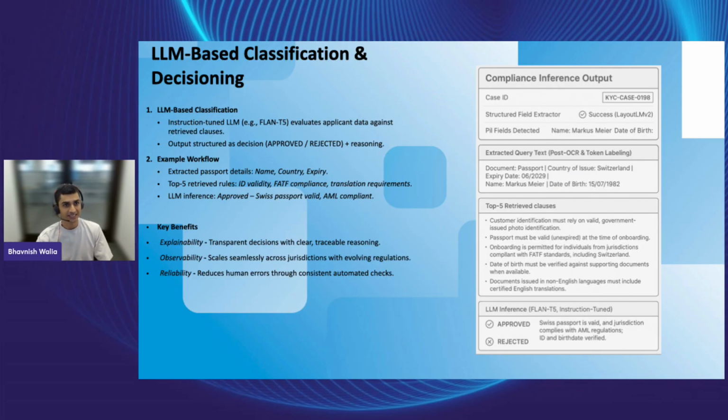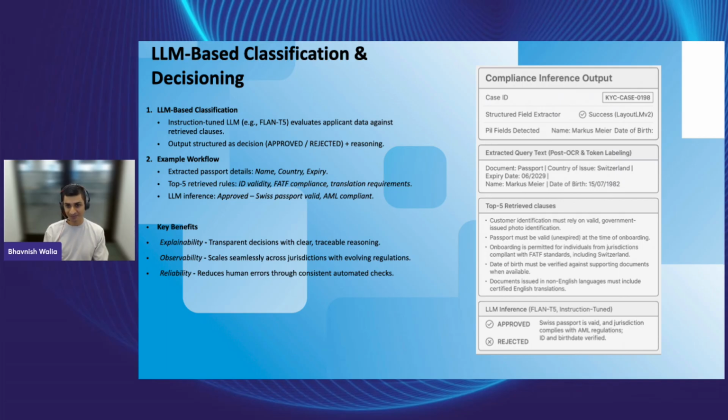On this particular slide, we talked about what the wireframe looks like. Someone has a case ID, and their case ID would be 0198. Our OCR, along with LayoutLM, has been able to extract a variety of fields, and those fields are used together to create a query after the OCR has been done.